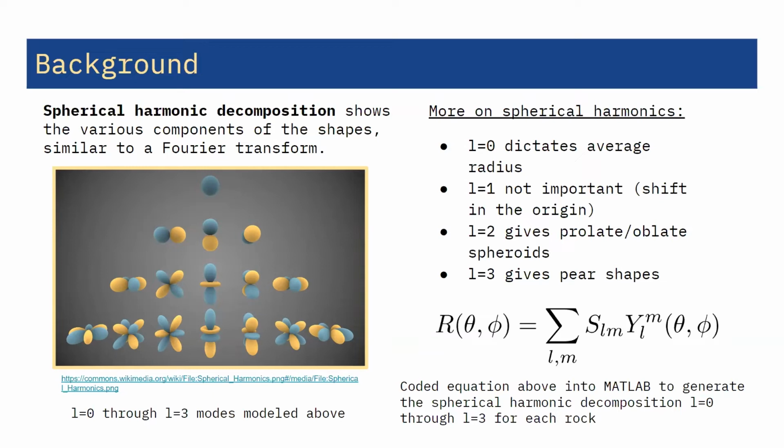L equals 1 is just a shift of the origin. L equals 2 gives oblate spheroids and prolate spheroids. And L equals 3 gives you pear shapes. This equation here is what I coded in MATLAB to run through every rock I had and graph those results for L equals 0 through L equals 3.